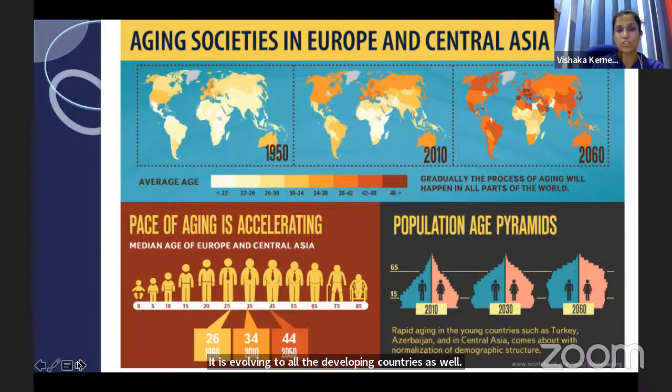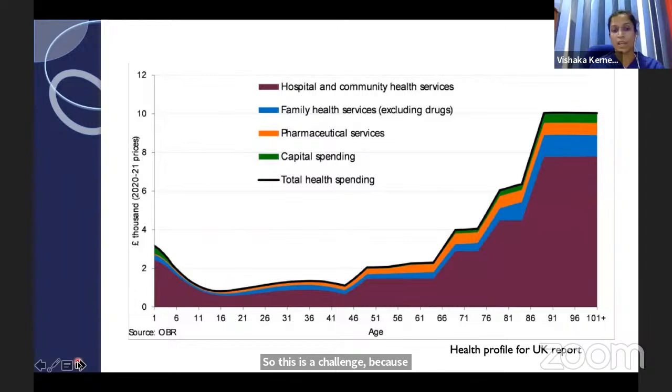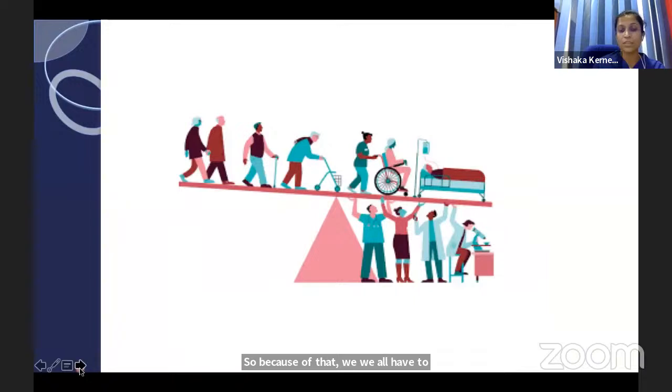This is a challenge because data from the UK has shown that most of the healthcare utilization and cost is from elderly patients who are more than 65. Because of that, we all have to be ready for this. So the question is, are we ready? Are we ready for this elderly population who are going to come to our hospitals? As anesthetists, most of the patients who will undergo surgeries will be from this age group. So we really have to be ready.